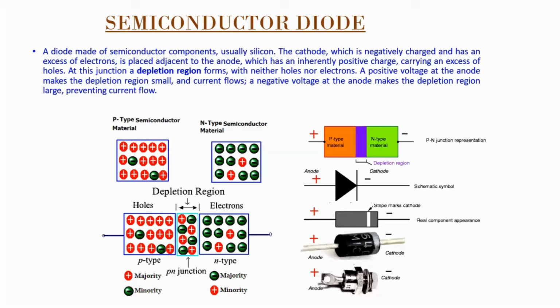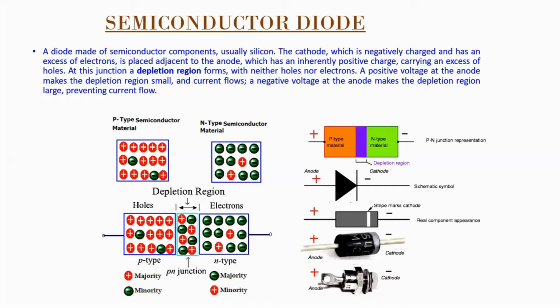Joining these two materials, the product we get is called a diode. One side is positive, which we call the anode, and the negative side we call the cathode. So there are two terminals, anode and cathode.